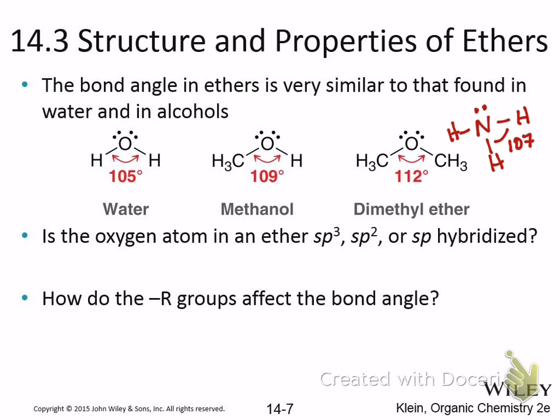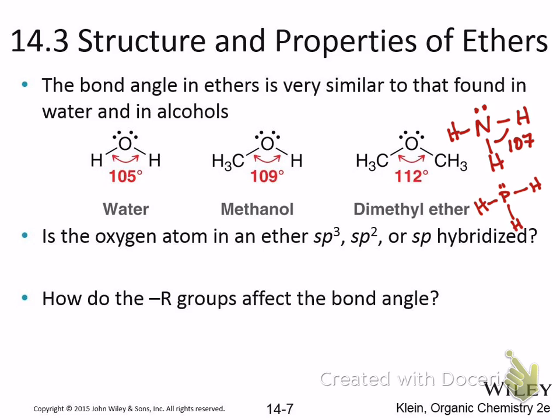So if we go one row down the periodic table, really crazy, and I do this, what do you think the bond angle is? Well, the top one's 107. That should be like 109, 107, right?